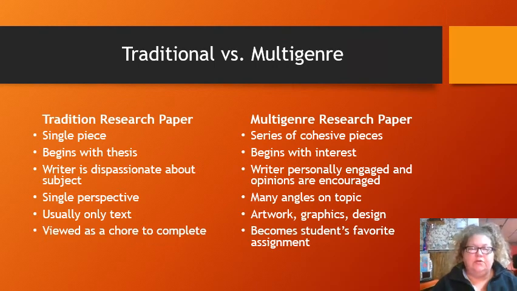Now, traditional research papers versus multi-genre research projects. With a traditional research paper, it's one single piece, one single paper. Whereas with a multi-genre research project, it's a series of cohesive pieces. They all blend together. They all are about the same topic, but they're all different pieces. Traditional research papers always begin with a thesis.